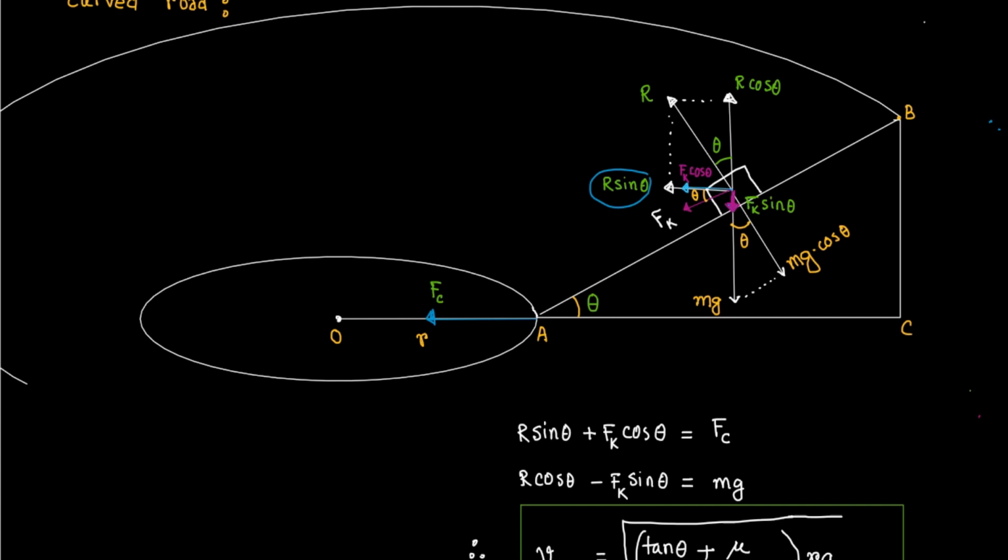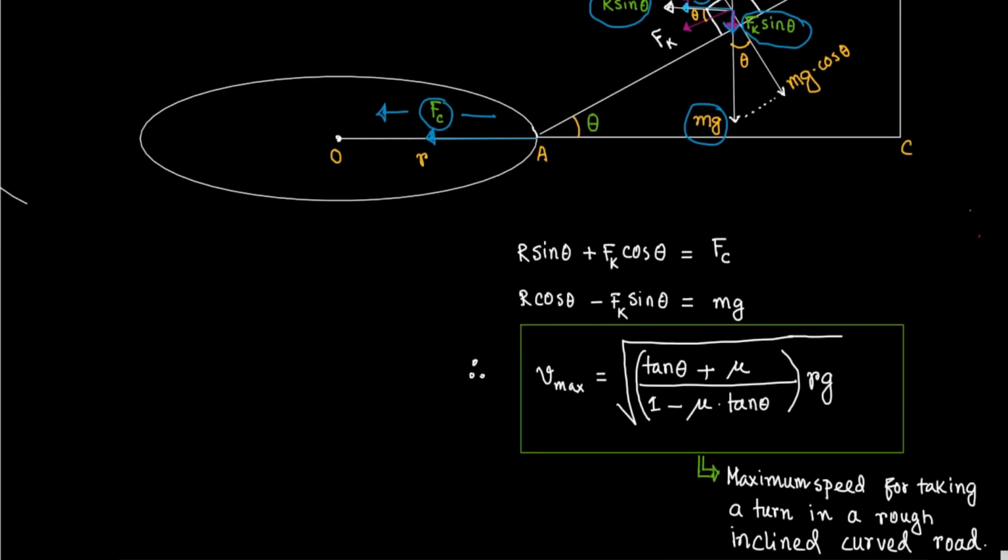In the diagram, R sin theta plus Fk cos theta supplies the necessary centripetal force Fc, which acts radially inwards. R cos theta minus Fk sin theta balances the weight mg. So finally we get Vmax equals root over tan theta plus mu divided by 1 minus mu tan theta into Rg.